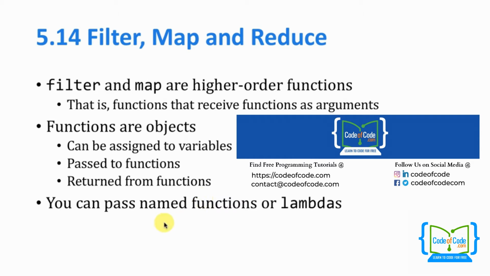Now, as you'll also see in this video, there are two different ways that you can pass around functions in Python. One is via the names of existing functions, and the other is by creating functions inline where they're needed via a keyword called lambda that we'll introduce in this video as well.